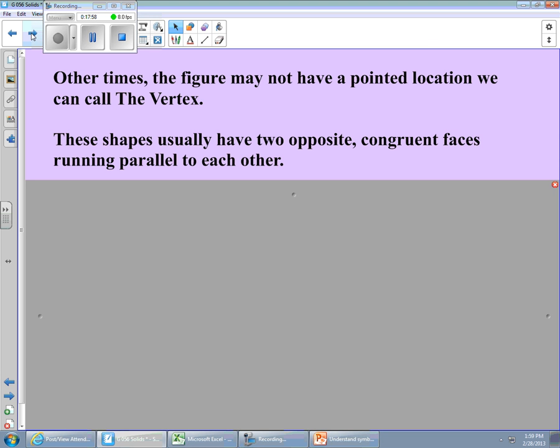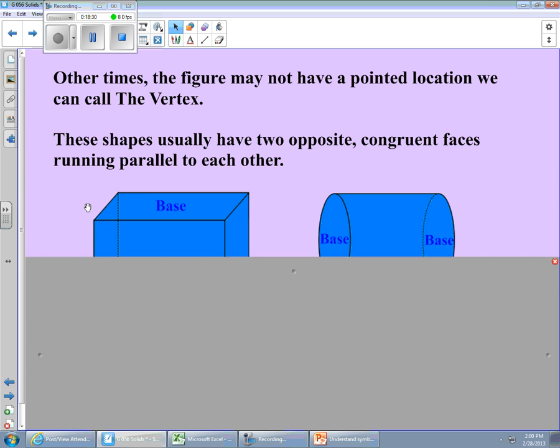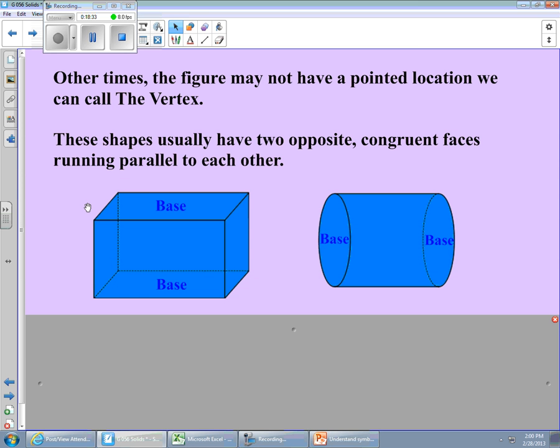For shapes that have 2 bases, we're going to have 2 opposite congruent faces that are parallel to each other. Opposite meaning they're across the figure from each other, wherever they are. Congruent meaning, of course, that they're exactly the same size, same shape, and parallel to each other, obviously meaning that they're not going to run into each other in any way. When that happens, then we have a figure that is going to have 2 bases rather than just one. And if it does have 2 bases, then it will not have the vertex.